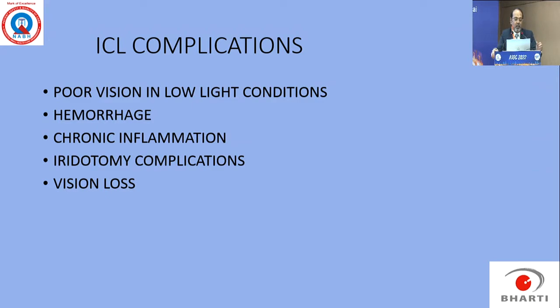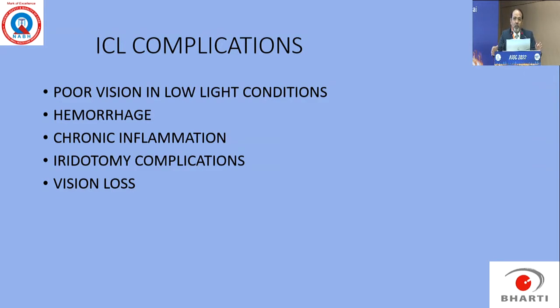Other things are beyond your control, like hemorrhage, inflammation, iridotomy complications when the iridotomy becomes larger in earlier cases, and in all those hyperopic cases where you have to do iridotomy.